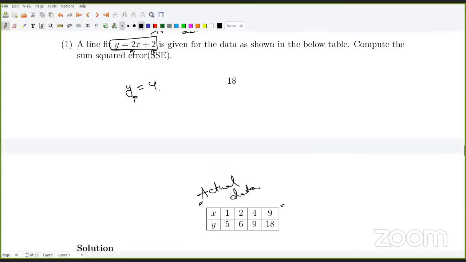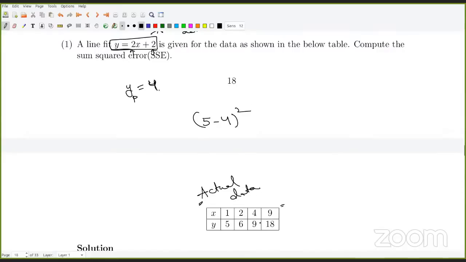Y predicted, when I substitute x is equal to 1, it will be 4. So actually it is 5, predicted it is 4. So the error will be predicted minus actual, actual minus predicted, whatever. So 5 minus 4 is the error, and I will square this error and I will keep it aside.